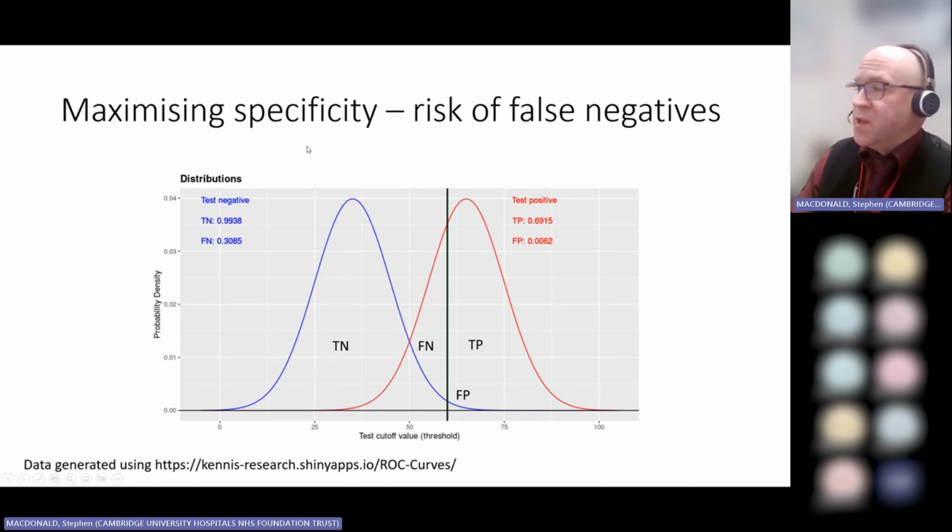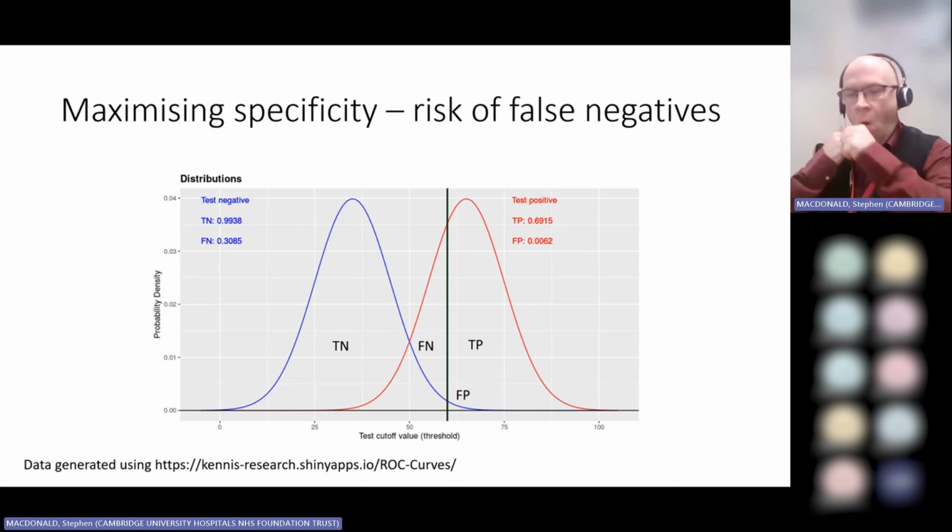And specificity, you won't be surprised to hear, is the reverse. If we shift up the cutoff value to try and make sure that more of our negatives are contained below that cutoff value, which you can see here is very successfully done with the blue curve, we only have a very small number of patients who get a false positive result, and the lion's share of people are in the true negative stage.